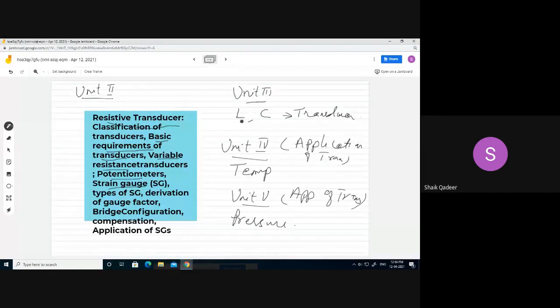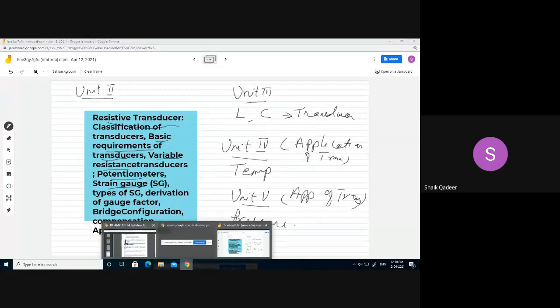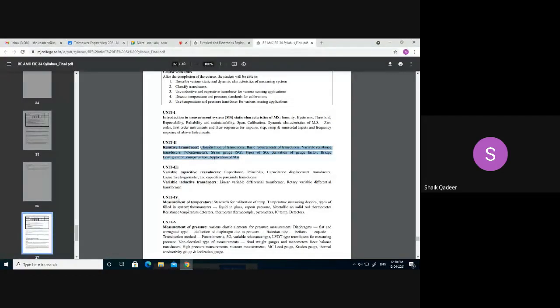Unit 3 discusses inductive transducer with a few examples and capacitive transducer with a few examples. The first part of this unit covers capacitive transducer, and we will see the capacitive transducer principle. Then application of capacitive transducer as displacement transducer, hygrometer, and proximity sensor.